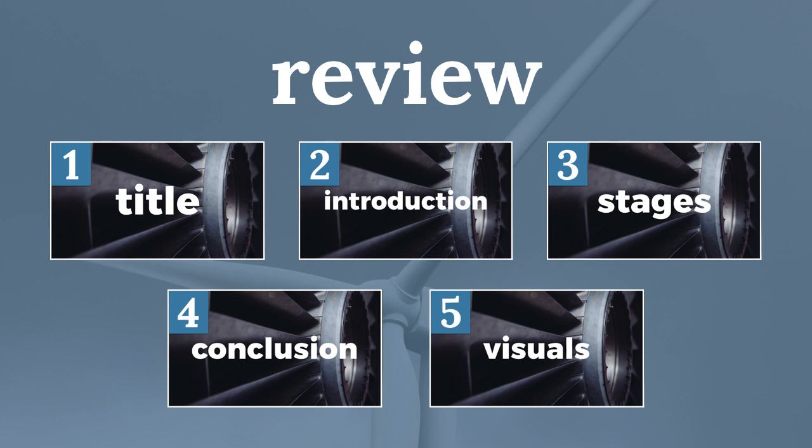And your conclusion is just a brief summary where you're trying to take each stage of the process and cut it down to 1 sentence, and then make sure that the visuals you use actually illustrate the process and is not just a picture of a machine or a device. That's the end of the lesson.